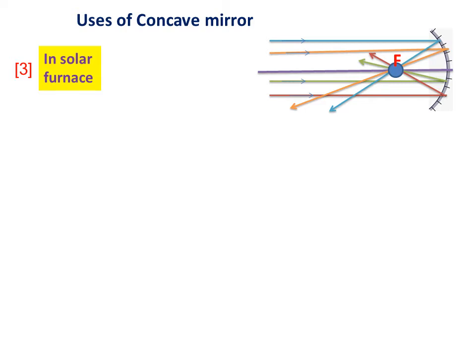We know that a ray parallel to the principal axis in concave mirror, like this is our principal axis, this is focus, after reflection will pass through the principal focus like this. So these are all rays parallel to principal axis, and after reflection they all go through the principal focus. So this phenomenon is used in solar furnace.